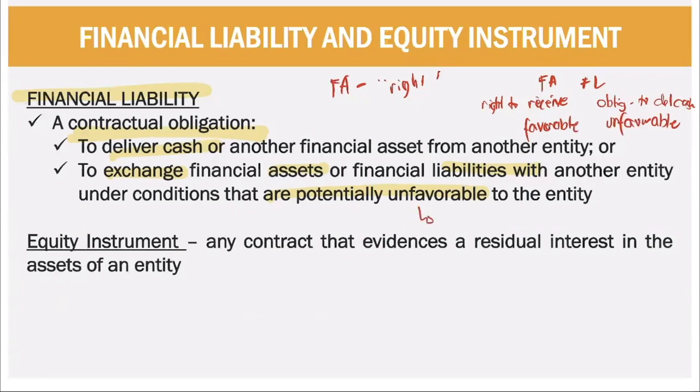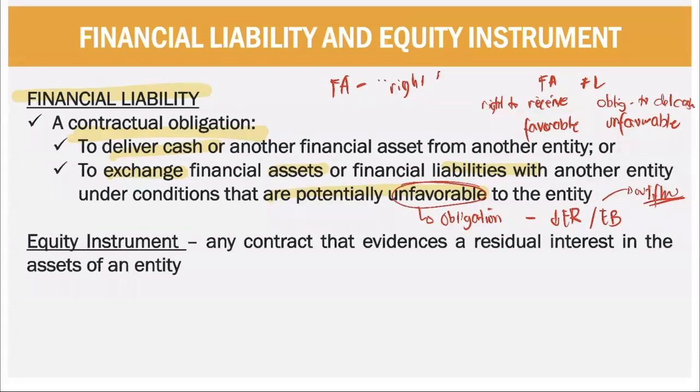Why is it potentially unfavorable? Because, take note, this is an obligation. If you have an obligation, your economic resources or your economic benefits will decrease. Because of the decrease, this is considered an outflow. Outflow is unfavorable. Inflow is favorable.